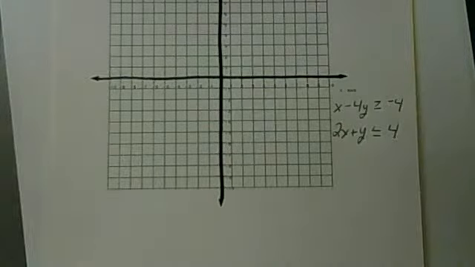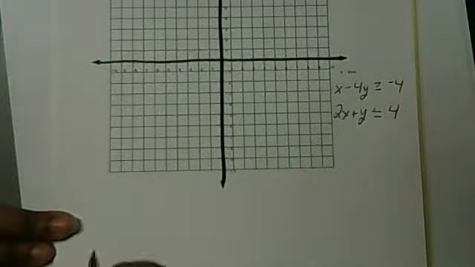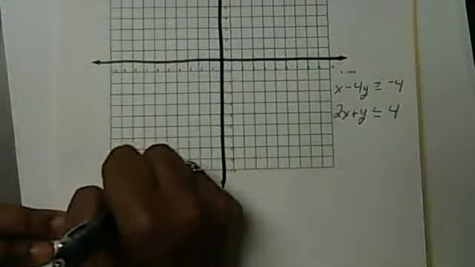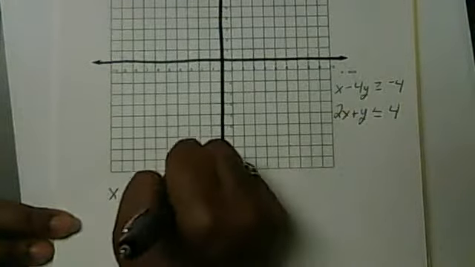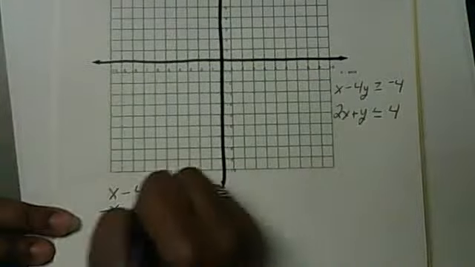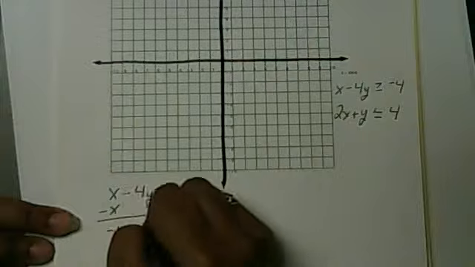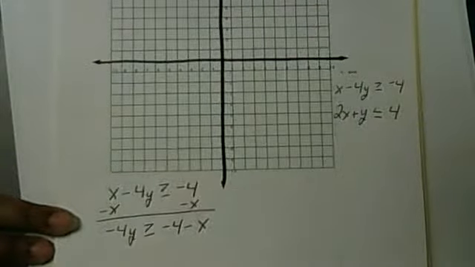So we start off the same as we did before by solving this inequality for y: x minus 4y is less than or equal to negative 4. You're going to subtract x from both sides so you can solve for y, leaving you with negative 4y is greater than or equal to negative 4 minus x.